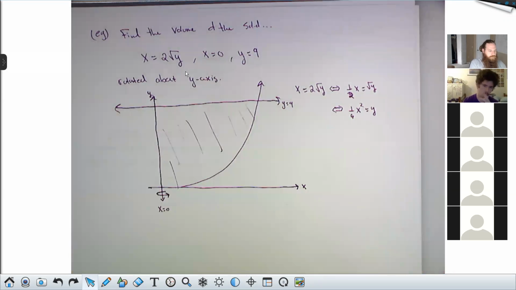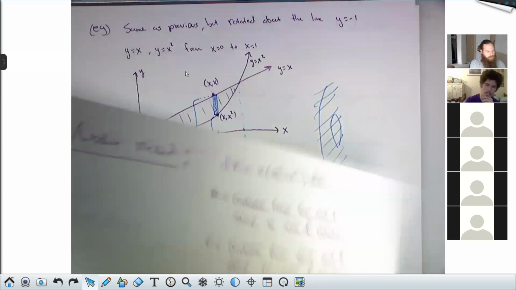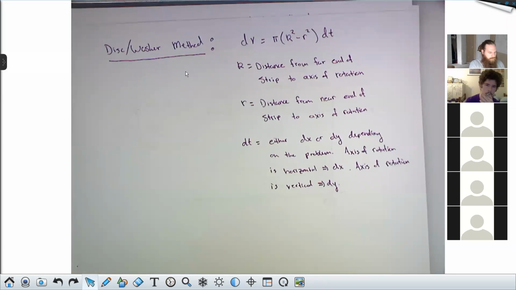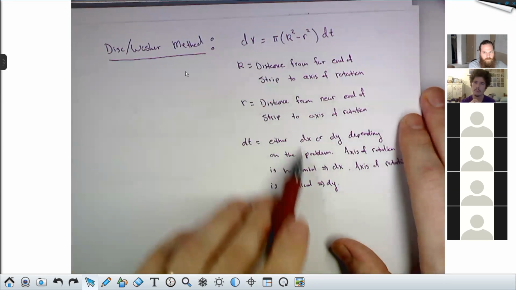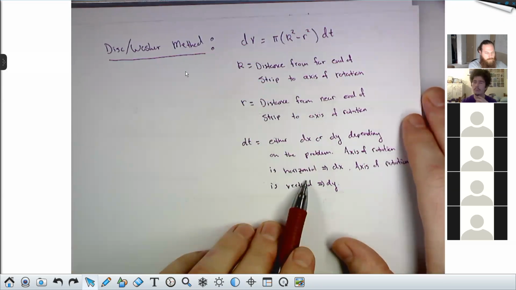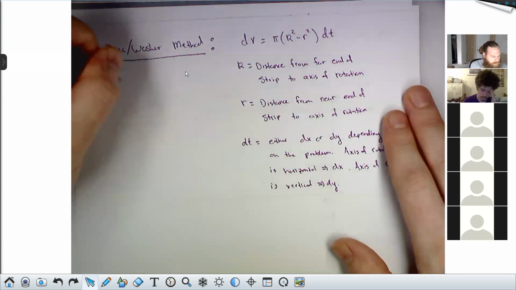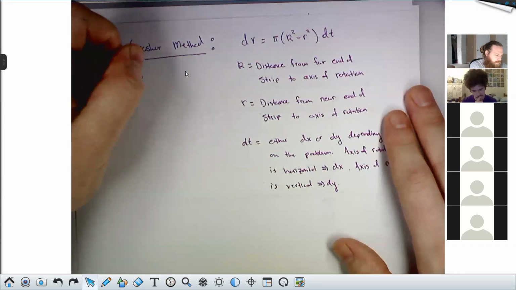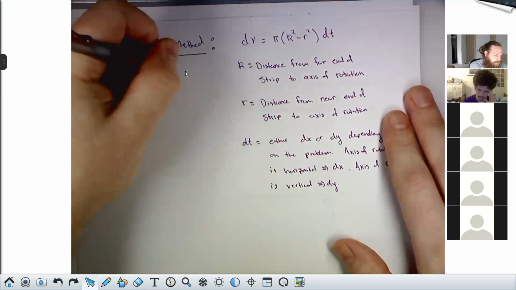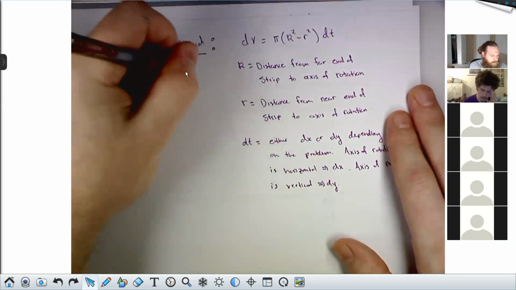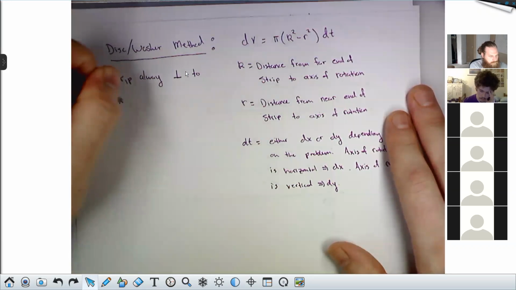Let me add something here. For the disk washer method, all of this is talking about the strip. The strip is always perpendicular to the axis of rotation.